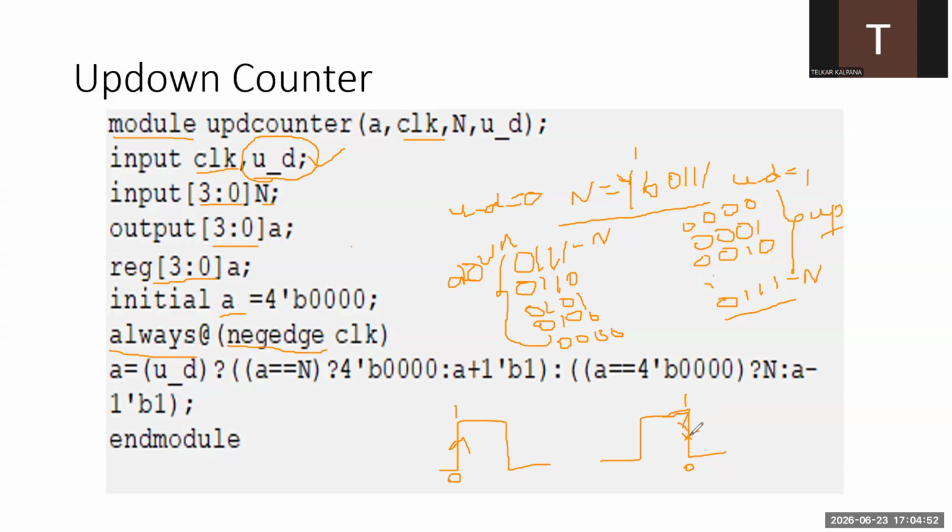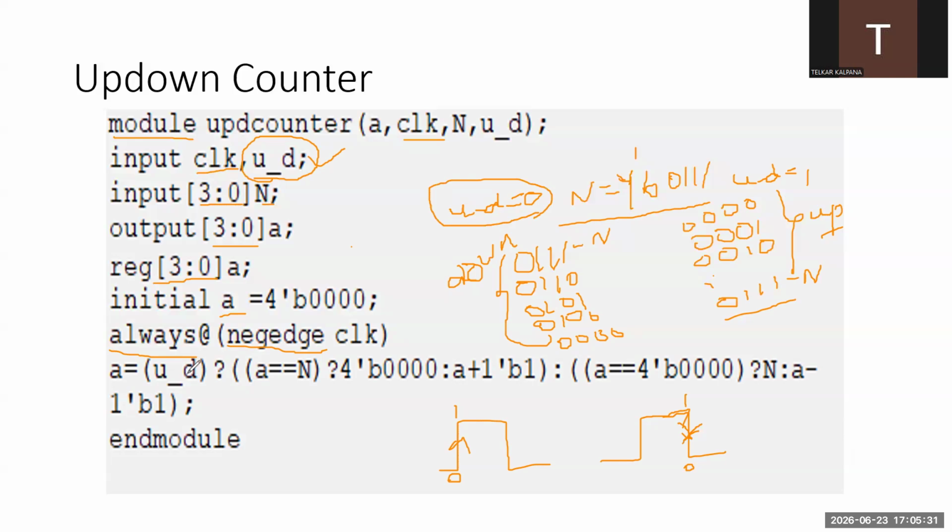So for every negative edge triggered clock pulse, we can see the change in the counter, whether it performs an up count by 1 bit or a down count by 1 bit. Now, coming to the key statement in this program, which is written in data flow modeling using the conditional statement. First, whether to have the up count or down count will be decided by u_d. So that's why that condition is written before the question mark.